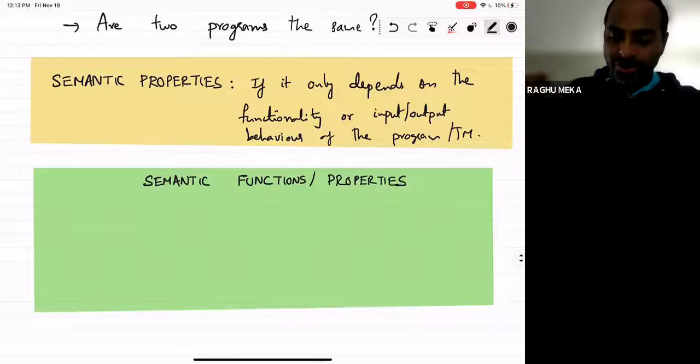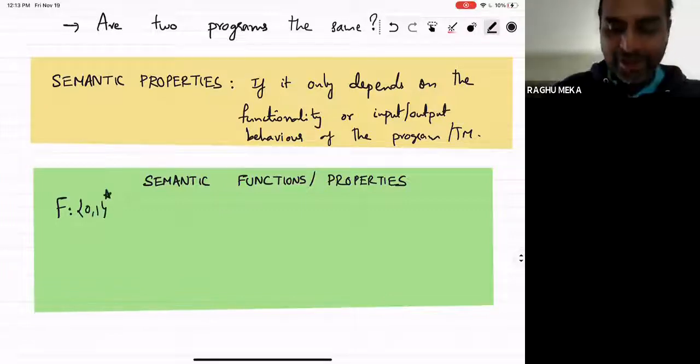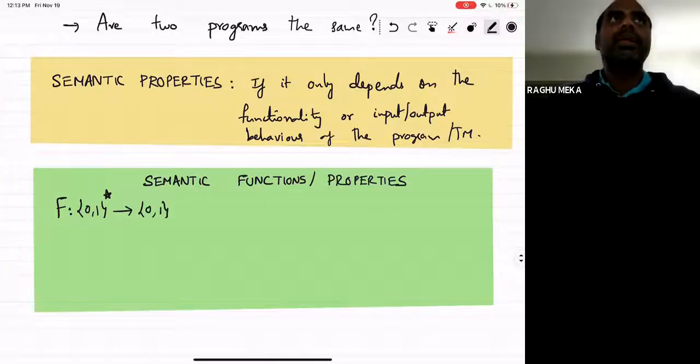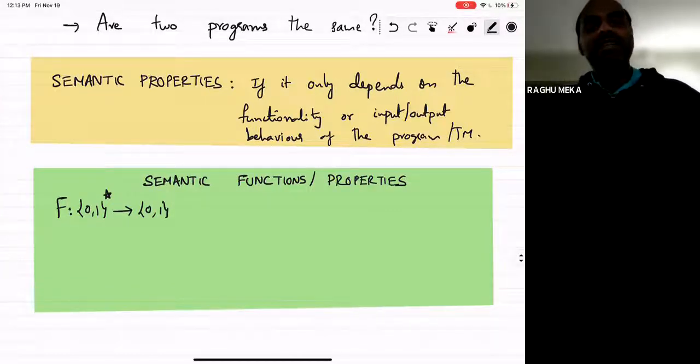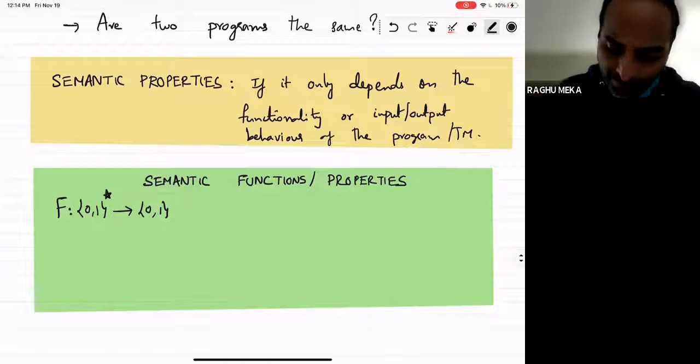So suppose I have some function which takes binary strings as input and outputs just 0 or 1. Okay, and we will always think of the function interpreting its input as a Turing machine.